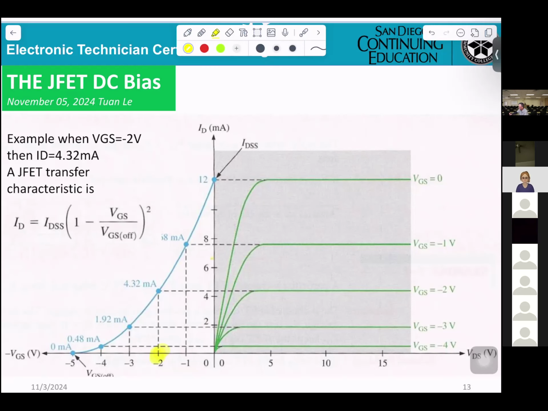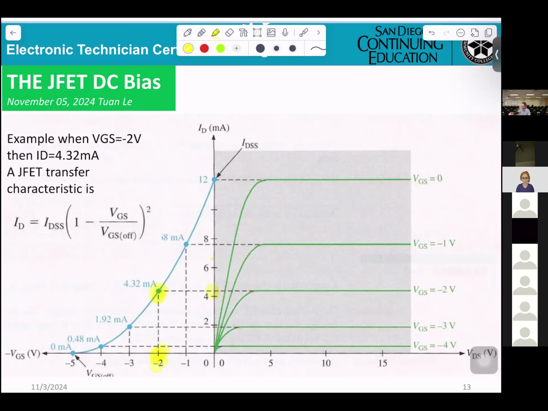VGS equal minus 2, then ID equal 4.32 milliamp. That means this one right here. At that point, to get the VGS, you go down to minus 2, and if you want to get the current ID, go to the right, you get 4.32.